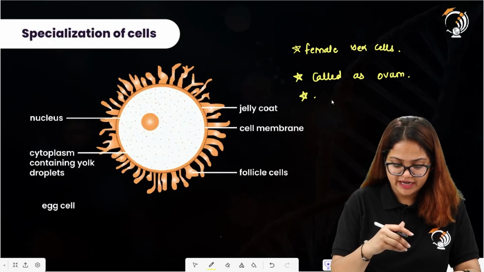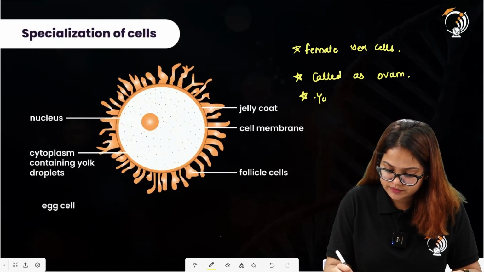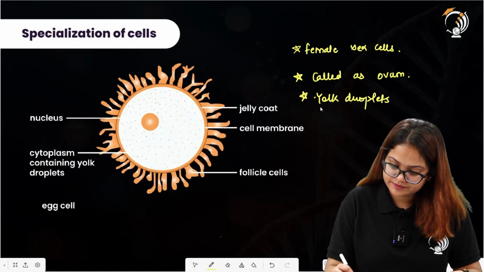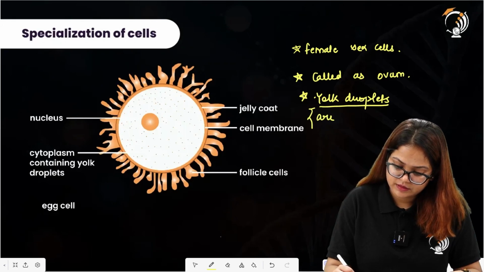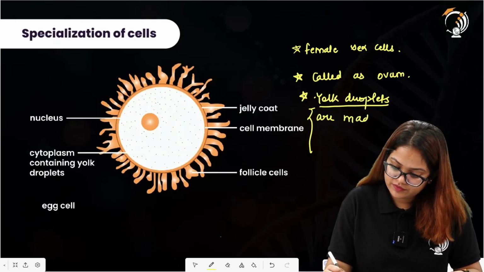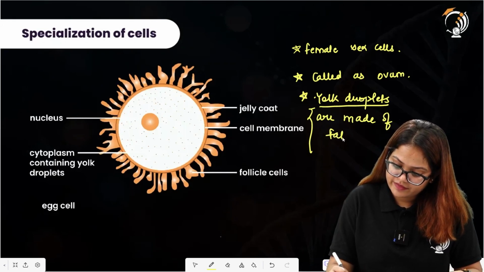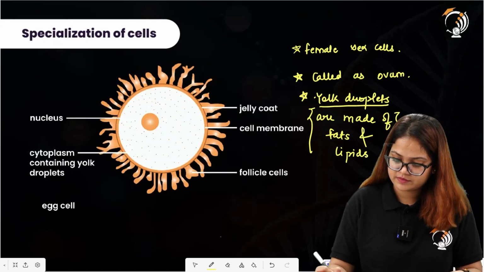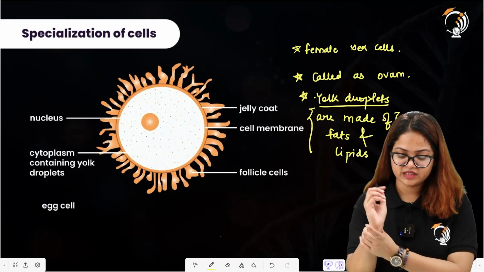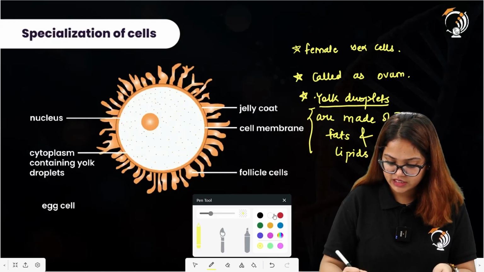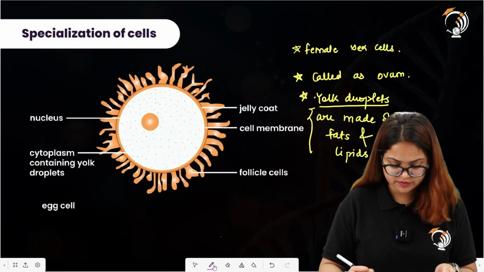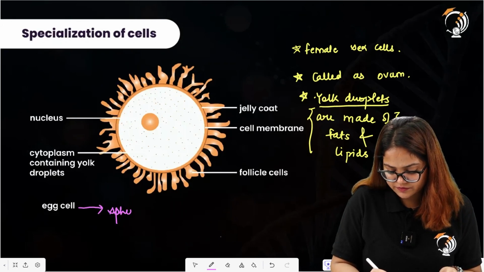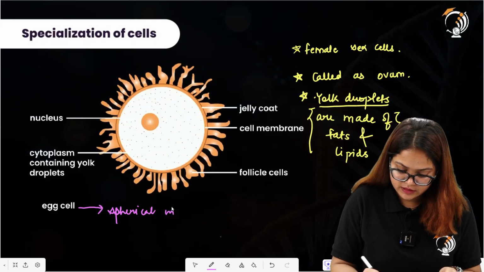So let me write it here that the yolk droplets are made of fats and lipids. All right. These ovum are spherical in shape.